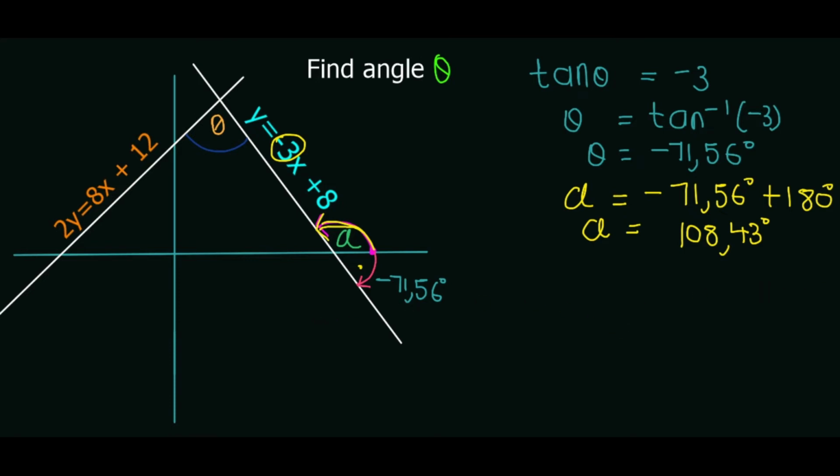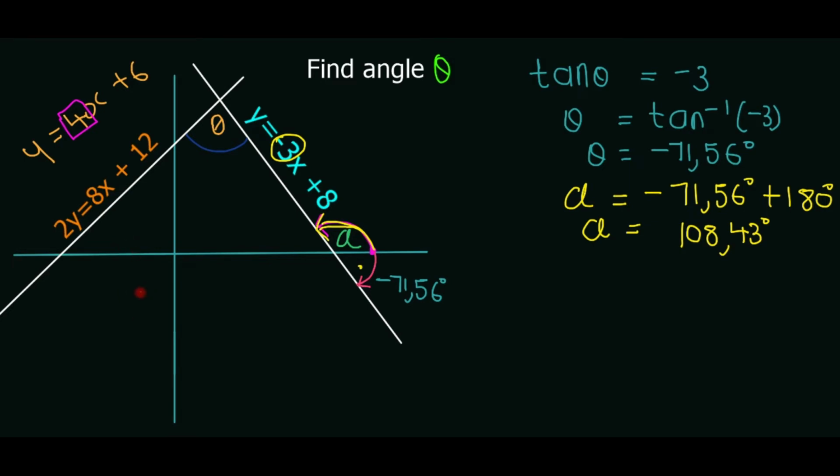So I can simply divide everything by 2 so that we are left with y. From there I will have y is equal to 4x plus 6, and from here you can see that this is the gradient of this line. So now I can easily find the angle of inclination.